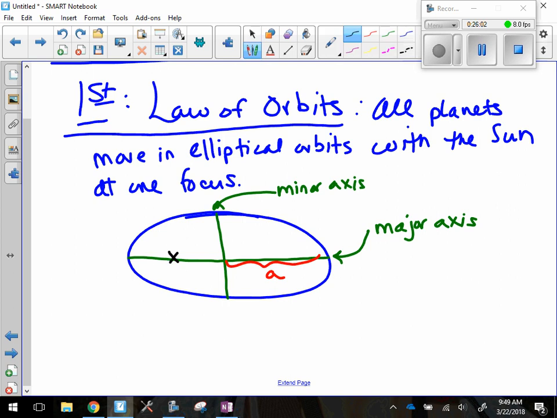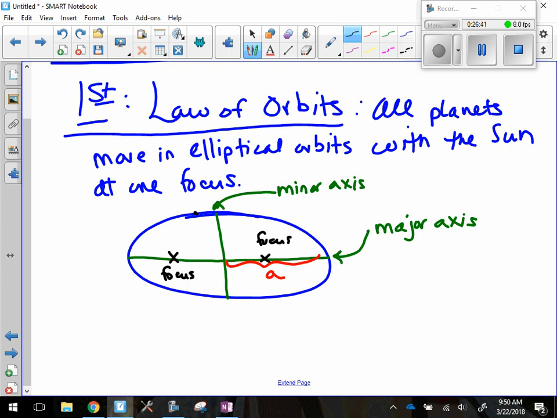An ellipse has two foci. Anybody remember the purpose of the focus of an ellipse? The purpose of the focus of an ellipse is that if I take any point on the rim of the ellipse, and I add the distance from focus to the point and from the point to the other focus, the sum of those two distances is the same for every point on the ellipse.